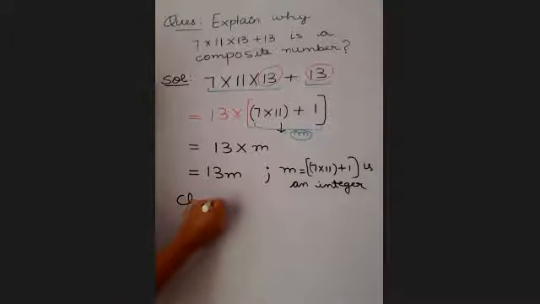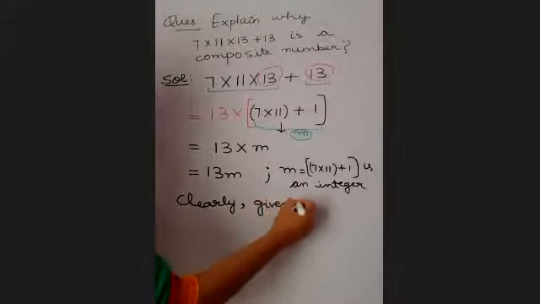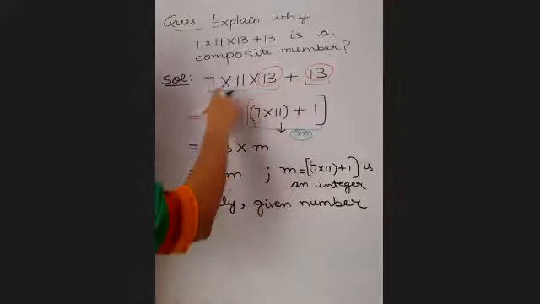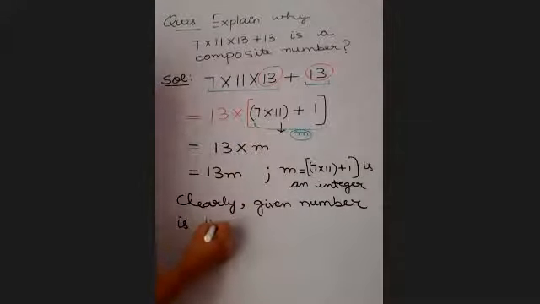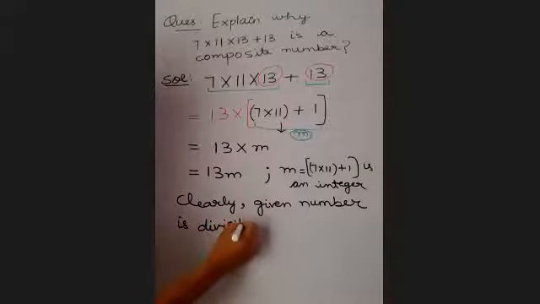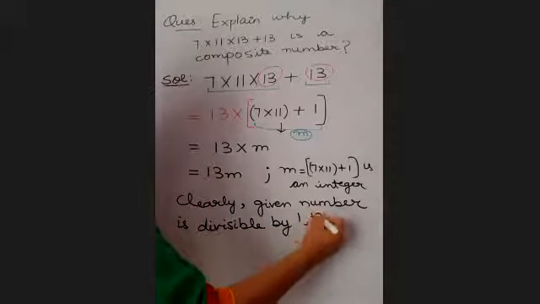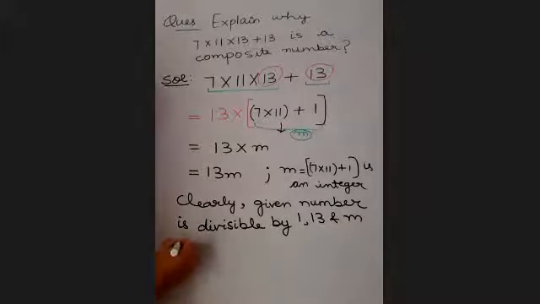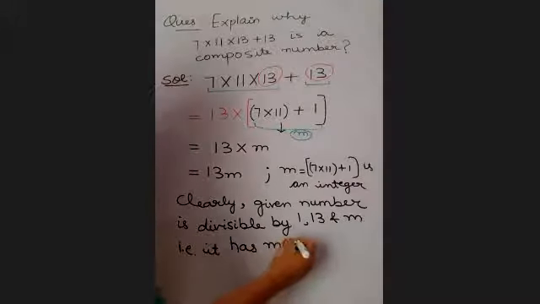So clearly, the given number is divisible by 1, 13, and M. That is, it has more than 2 factors.